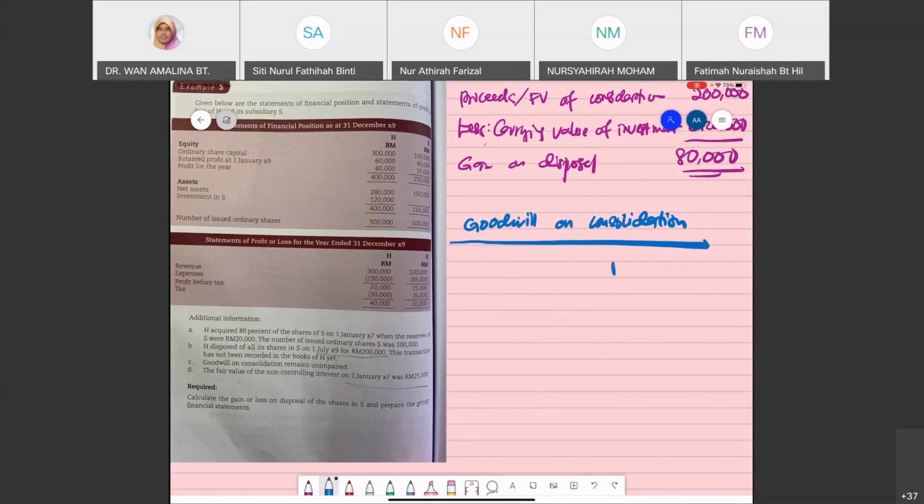So partial goodwill or full goodwill. Biasalah macam mana. Remember kalau partial dia guna proportion of net asset. Kalau full goodwill dia akan guna fair value.